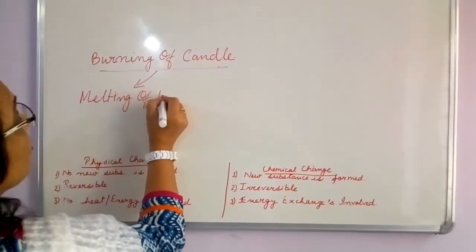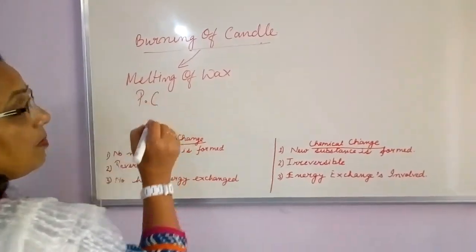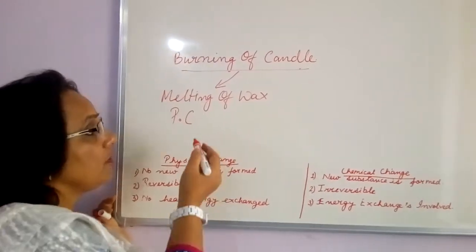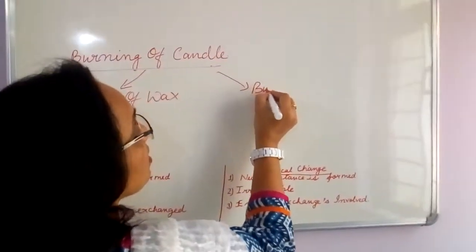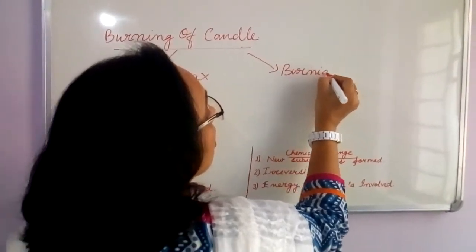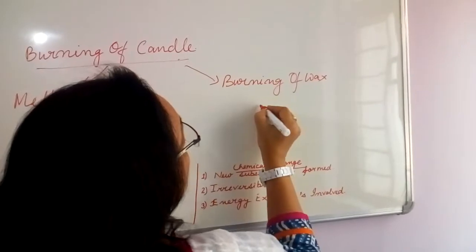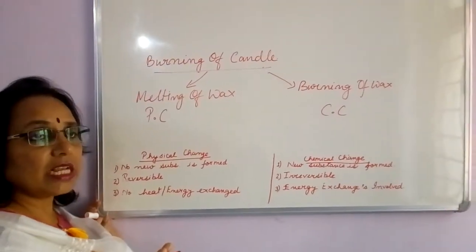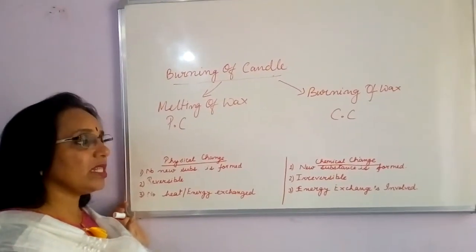Remember, melting of wax is a physical change, because the solid wax has been converted to the liquid form. But burning of wax is a chemical change. Why? Because when the wax is burning, it is getting converted into carbon dioxide. So there are many examples, as you can see.